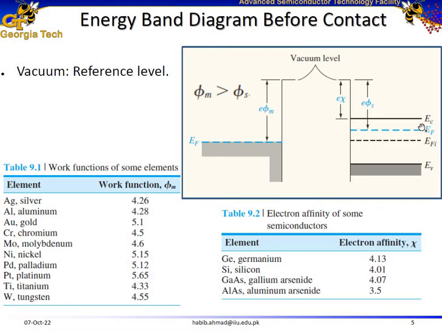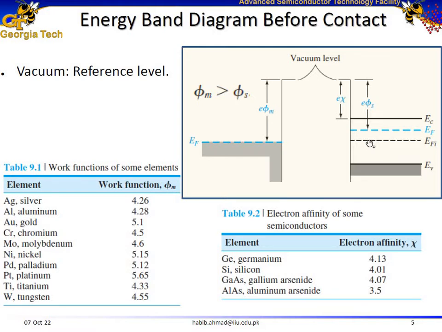And similar to the metal, the semiconductor material will also have its own work function represented by phi s, which is the energy required for an electron to move from the Fermi level of the semiconductor to the vacuum level. What is a vacuum level? Vacuum level is free space. It means to move carriers, or in the case of an n-type semiconductor material, to move electrons out of the semiconductor material into free space, and that is going to be the work function of the semiconductor material.